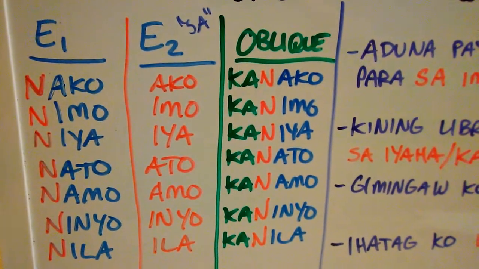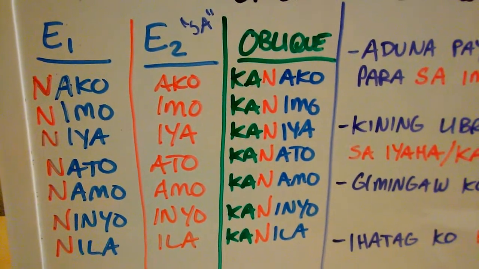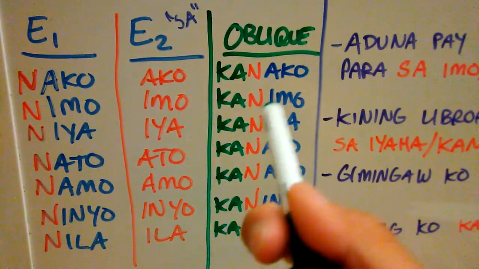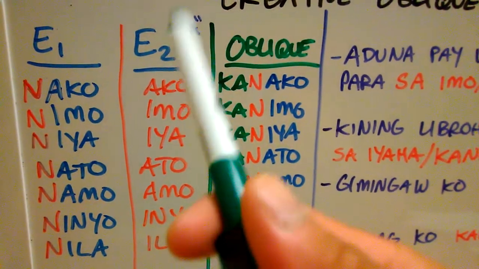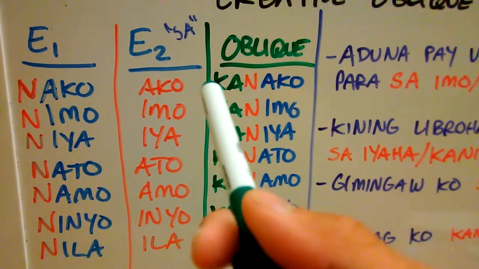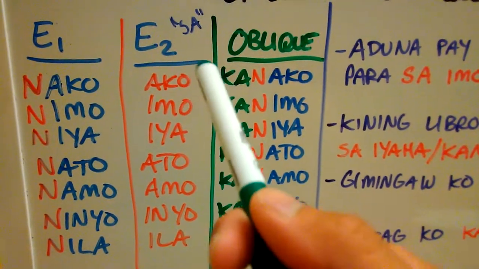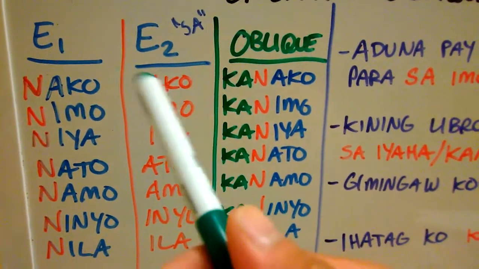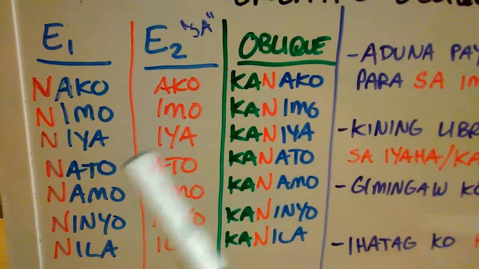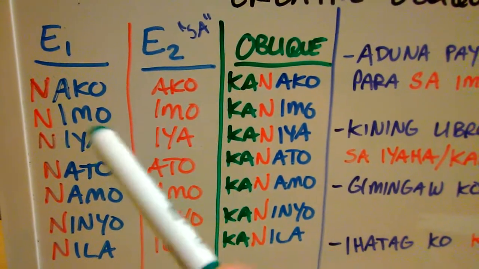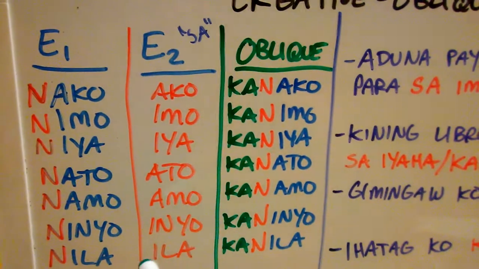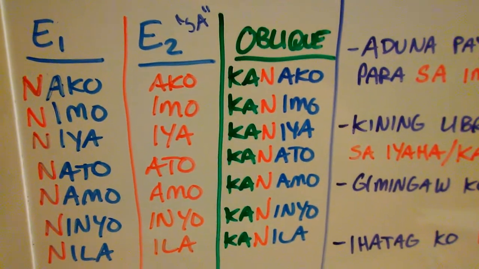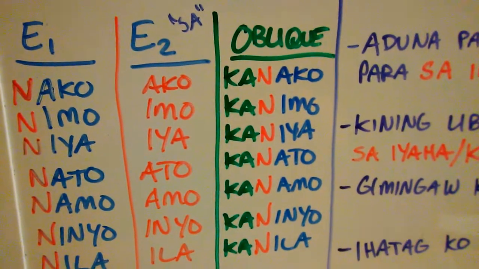The one I want to talk about though is the ergative prefix and the oblique forms. So the ergative prefix, I put sa in parentheses because it's almost always going to be followed by sa. Sa ako, sa imo, sa iya, sa ato, sa amo, sa inyo, and then most likely you're also going to have the extra vowel at the end too.